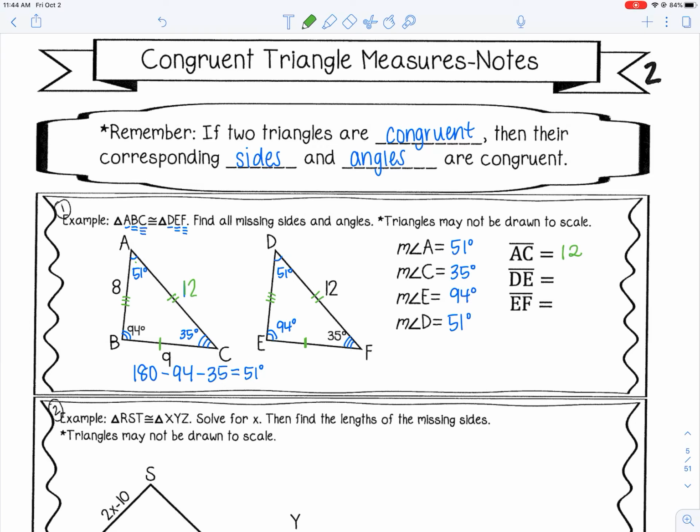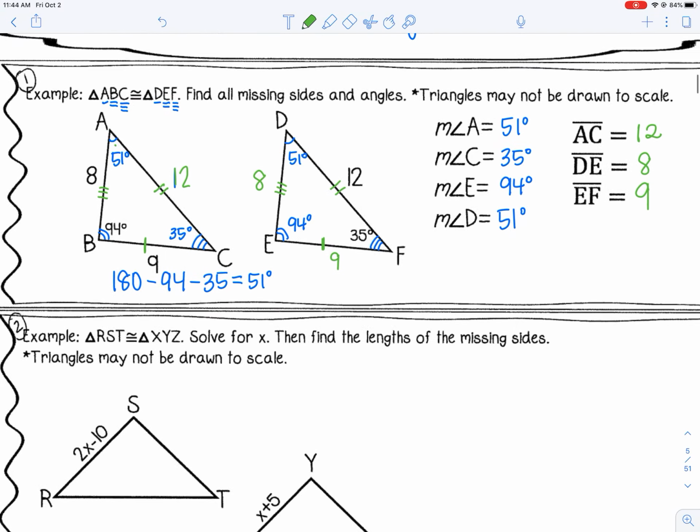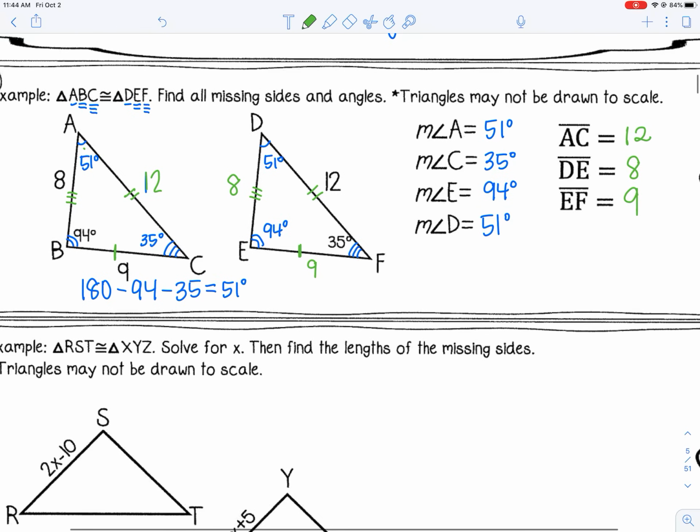AB has 3 tick marks. Since AB is 8, DE is 8. And then EF has 1 tick mark. BC has 1 tick mark. Since BC is 9, EF is 9. So that is how we find corresponding sides and find their measures based off of the other triangle.